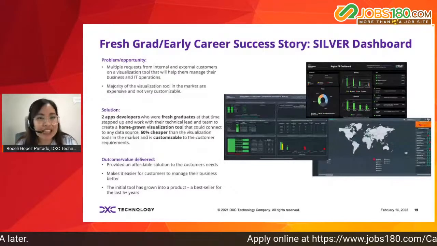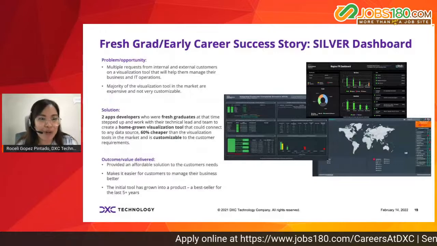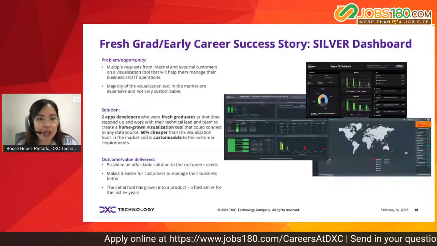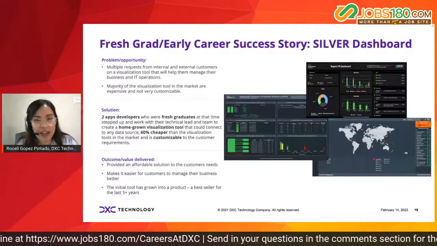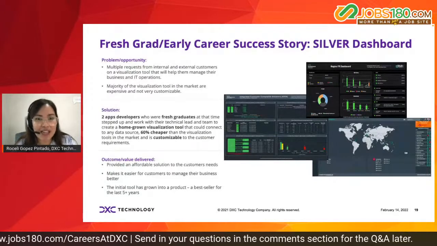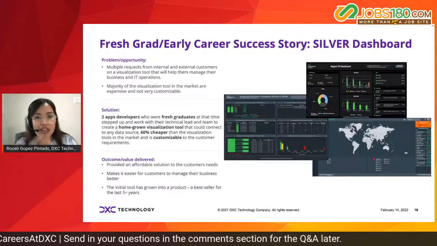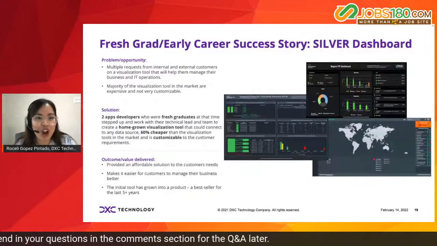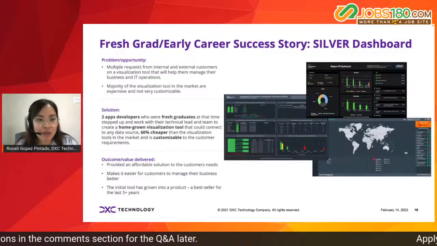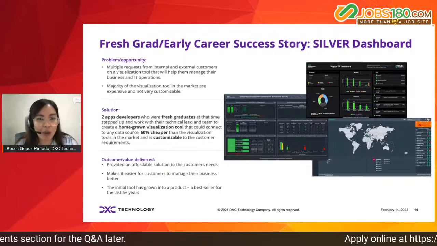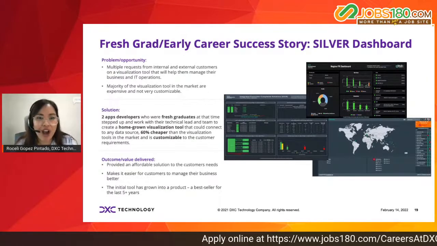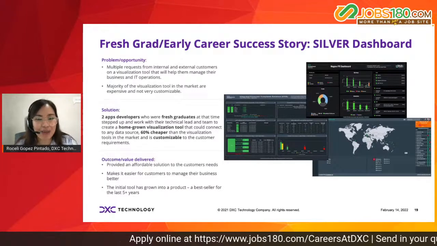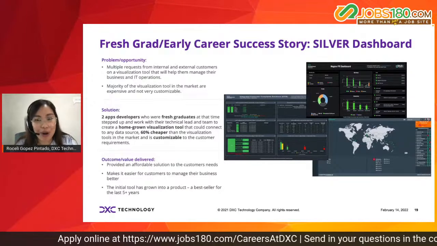And it's 60% cheaper than the visualization tools in the market because the features are very simple. It's just basically getting data from any data source that the customer has and using predefined simple charts. And it's customizable to the customer requirements, meaning what charts you're looking at, what data source you have, what colors you want, something that will work with your branding.